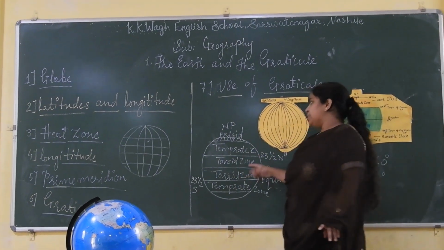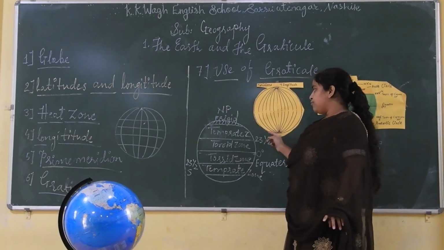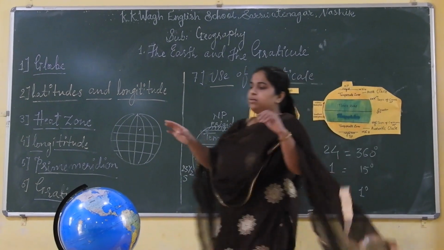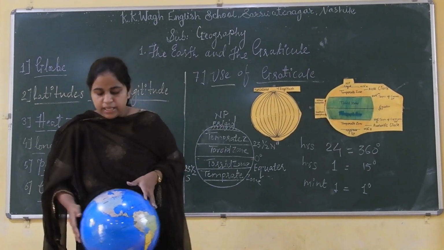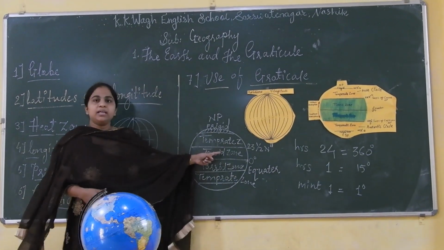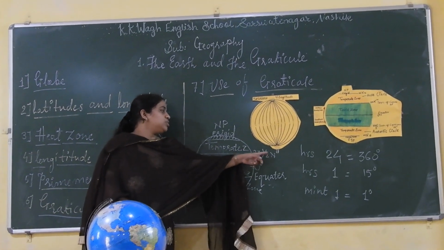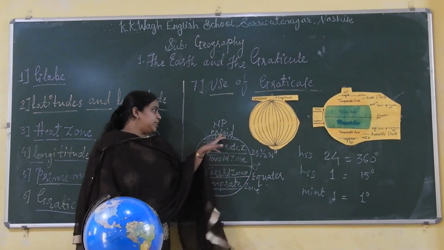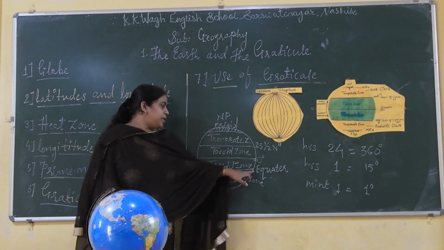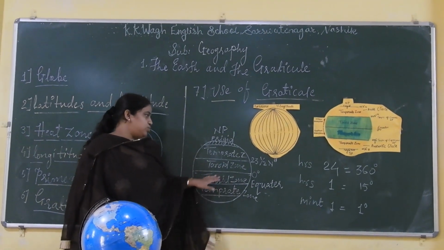Now after the equator there are some important parallels of latitude which run from east to west. First we are going to see, after the equator, 0 to 23 and a half degrees north latitude, which is called the torrid zone, and 0 to 23 and a half degrees in the south, which is also called the torrid zone.